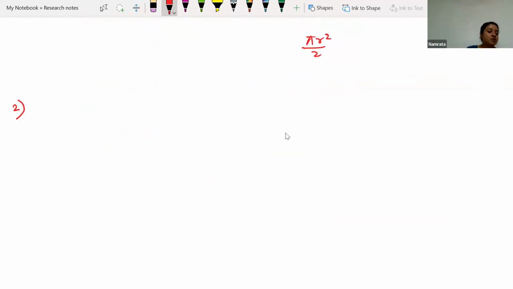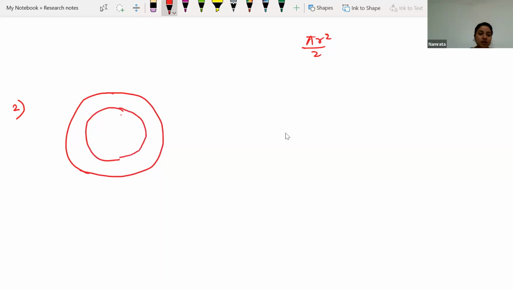Okay, so now the next question is, suppose we are having this shape. A circle is there. One more circle is there. And both are concentric circles.